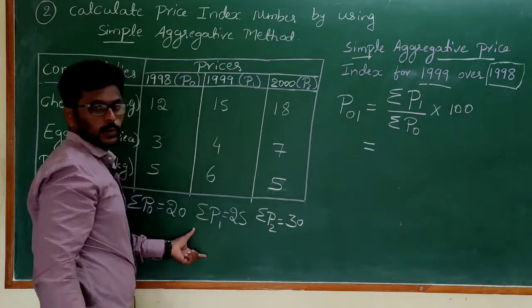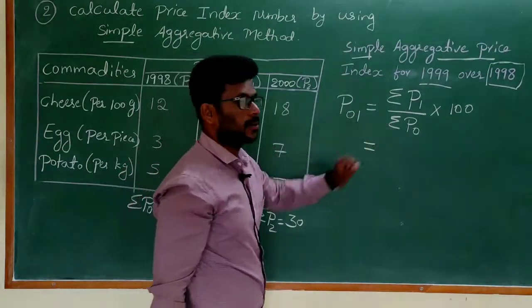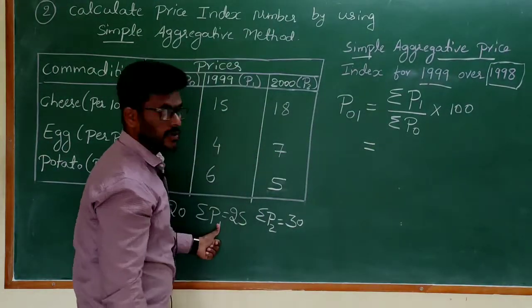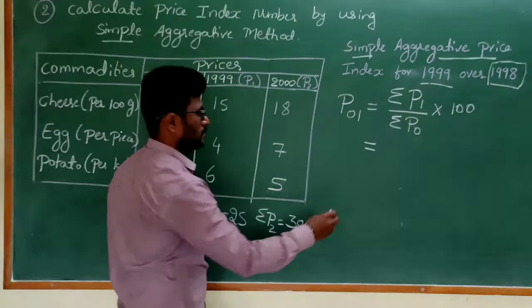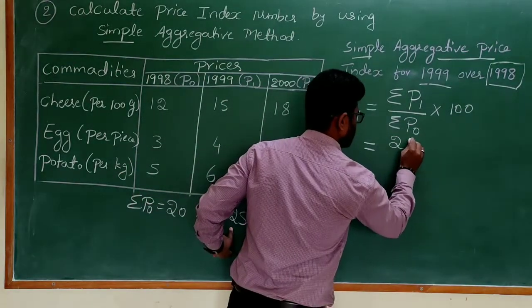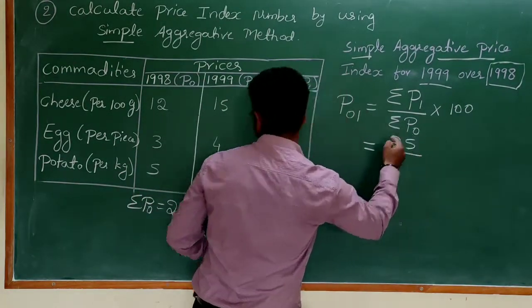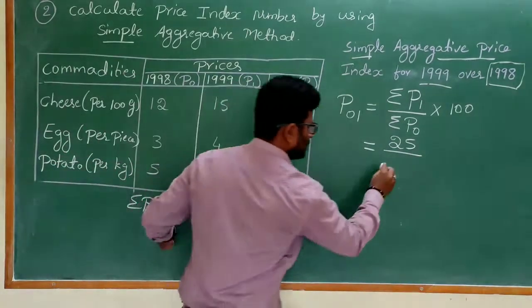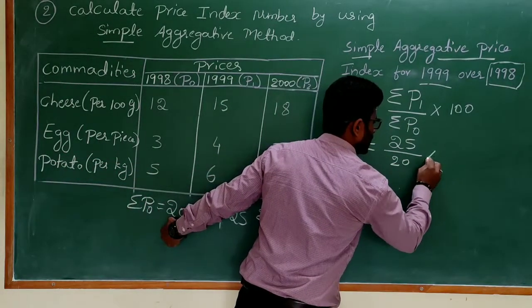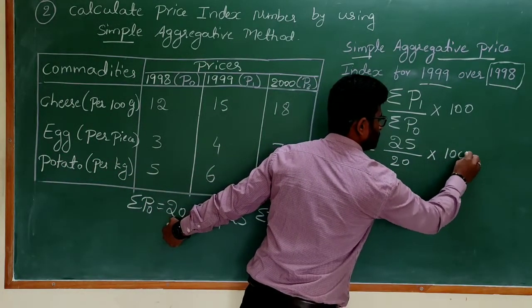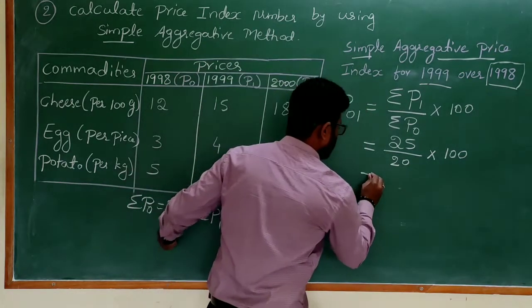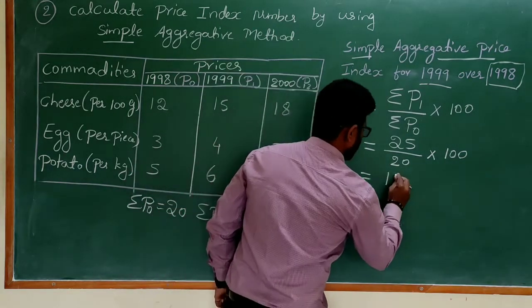First we make the totals, after that we apply the formula. Summation of P1, 25, divided by summation of P0, 20, into 100. So, we will get 125.